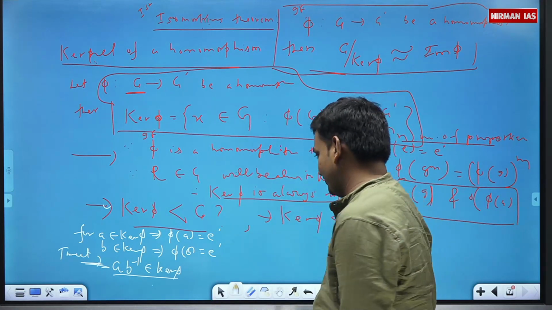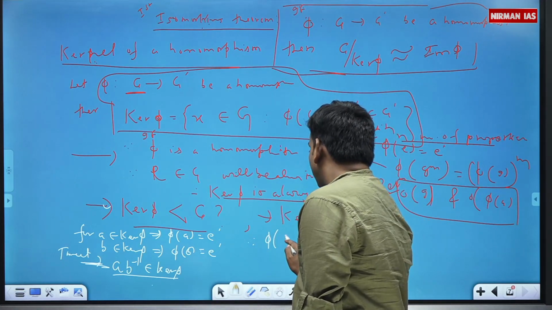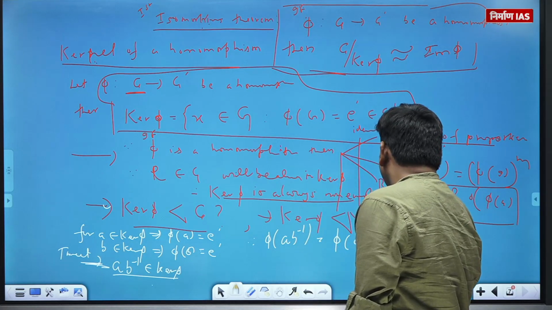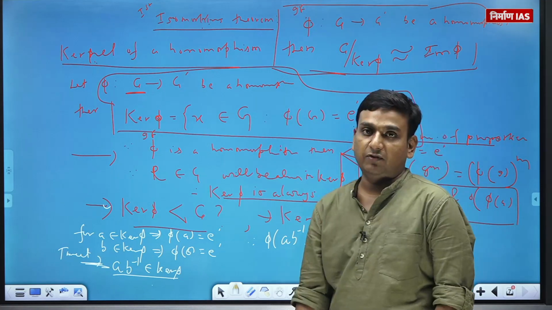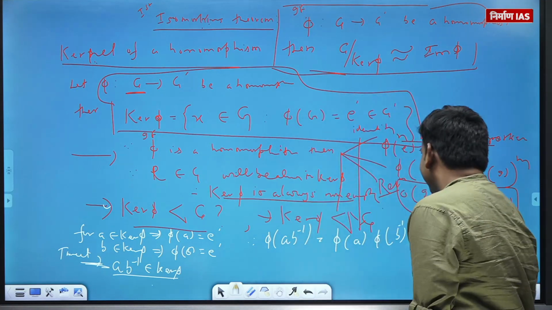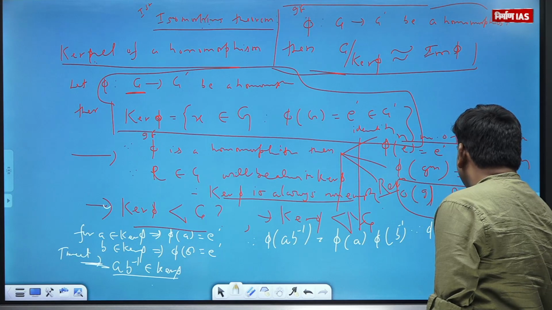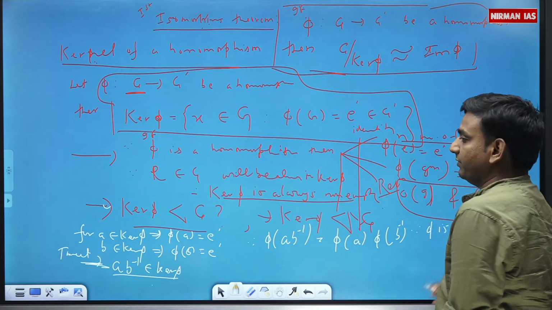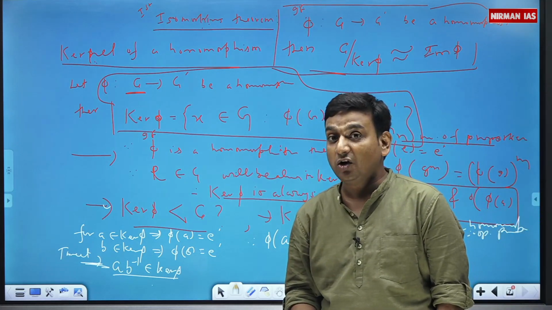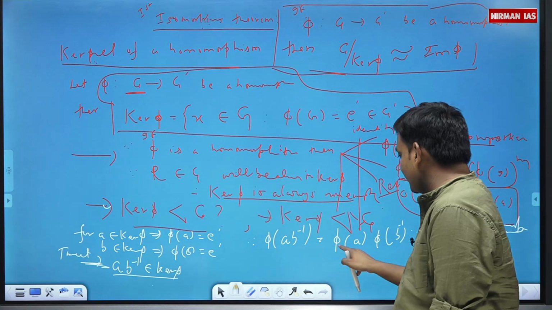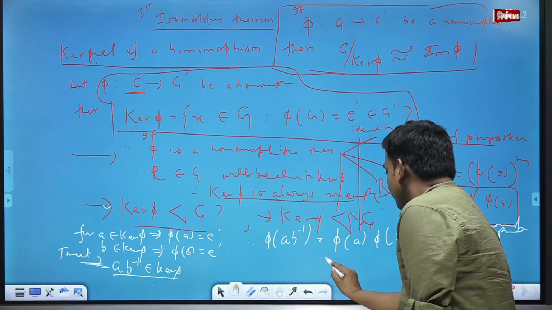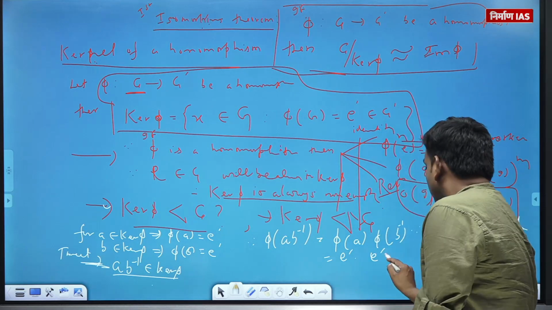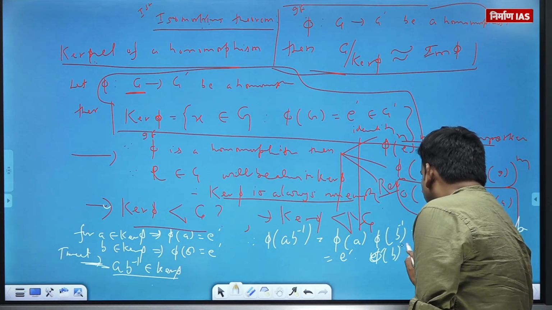Is that clear? Sure. Since phi of a b inverse is equal to phi of a composed with phi of b inverse. Why? Since phi is a homomorphism, it is operation preserving. If phi is not a homomorphism, we cannot move from this step to this step. So what is phi of a? E dash. What is phi of b inverse? It is the inverse of phi of b.